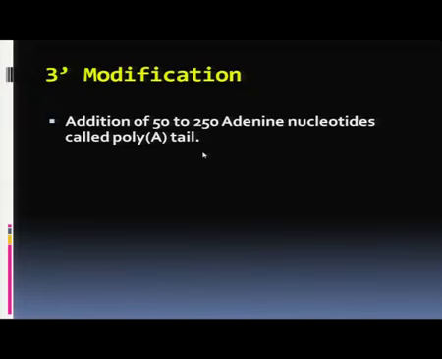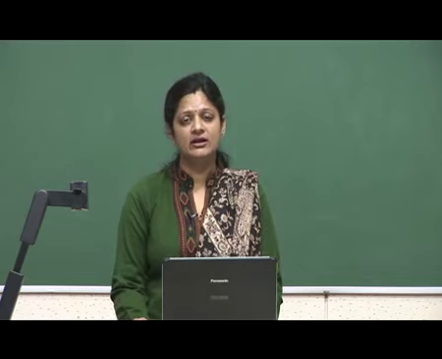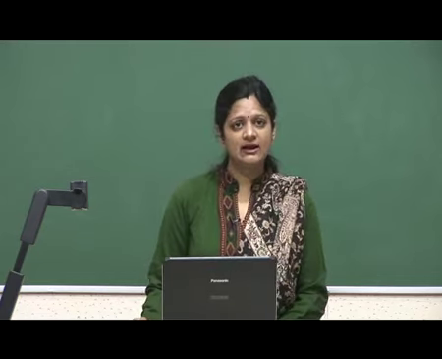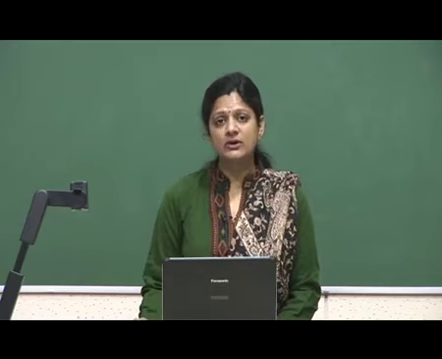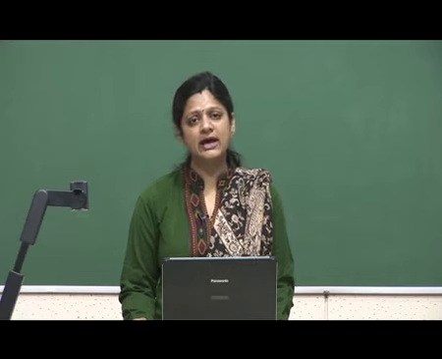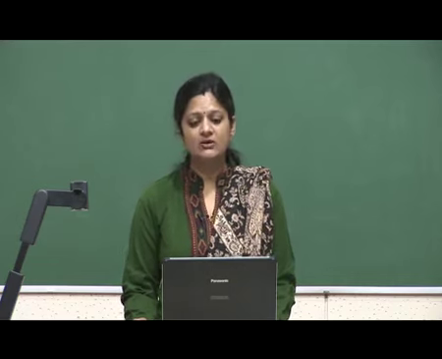So, if we distinguish the messenger RNA of eukaryotes and the messenger RNA of prokaryotes, there is no 5 prime cap and 3 prime poly A tail in the messenger RNA of prokaryotes, but in case of eukaryotic messenger RNA, they have a 5 prime cap and a 3 prime poly A tail. Now, how is this poly A tail added to the messenger RNA?